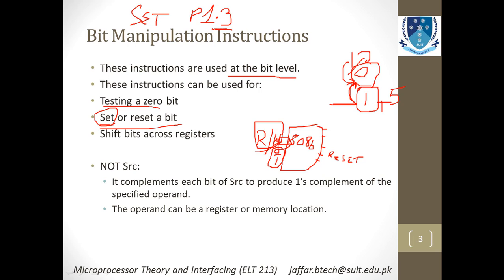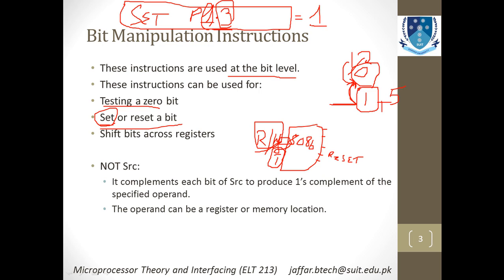This is just an example, and it is applicable to all of these controllers and processors, but with a little bit of modification. So if you apply this command, it will set the third pin of the first port. It means that it will make it 1, it will make it high.